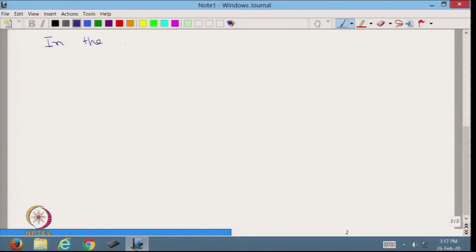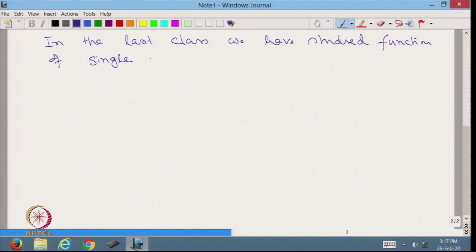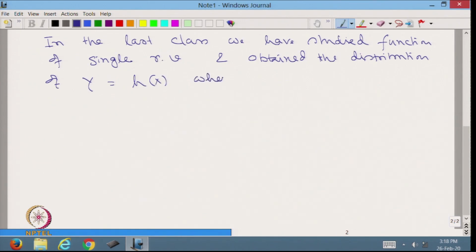In the last class, we have studied function of a single random variable and obtained the distribution of y is equal to h of x when h is strictly monotonic.